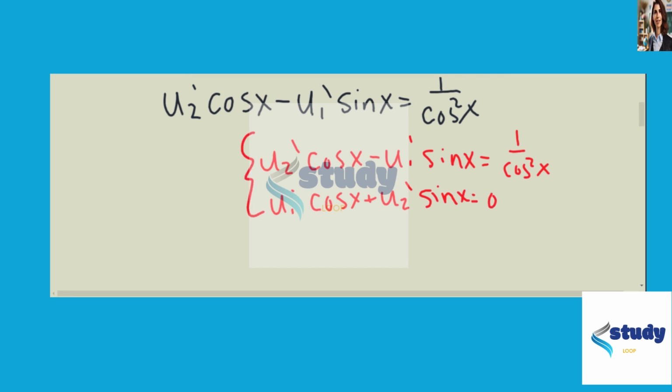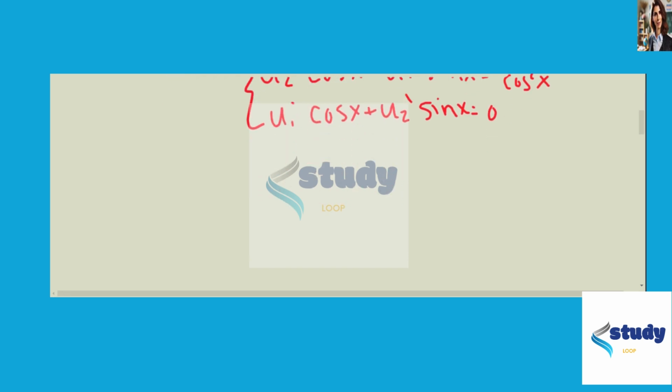So we're going to solve this to find u1 and u2. From the second equation, we can just get that u1 prime is equal to negative u2 prime times sine of x over cosine of x.